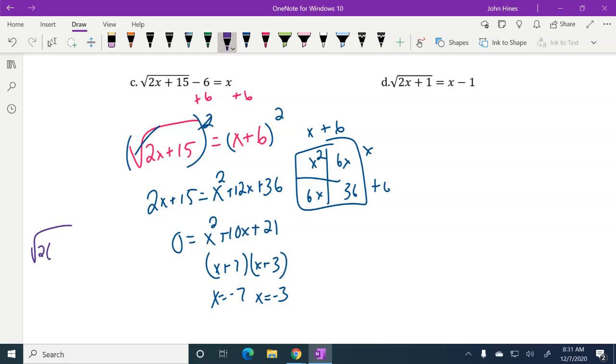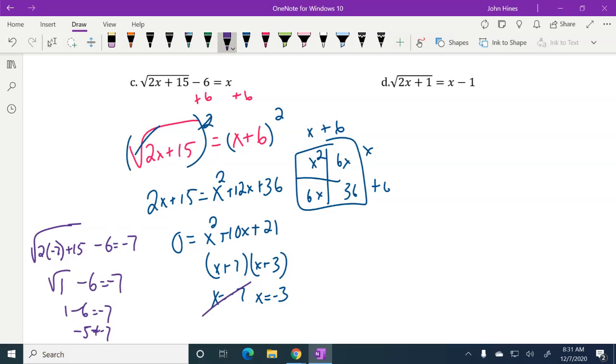The square root of 2 times -7 plus 15 minus 6 equals -7. 2 times -7 is -14, plus 15 is 1. The square root of 1 minus 6 is -7. 1 minus 6 is -5. We throw that out because -5 does not equal -7.